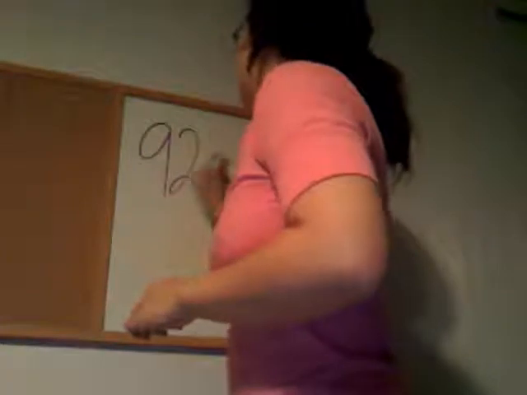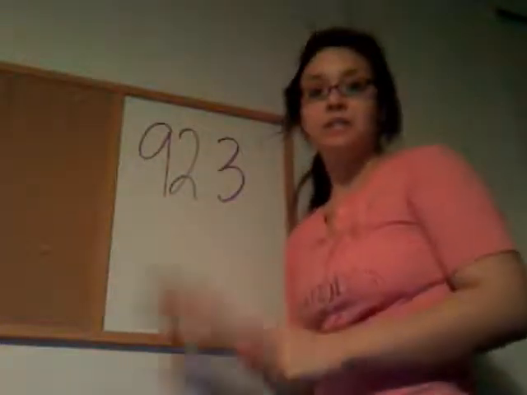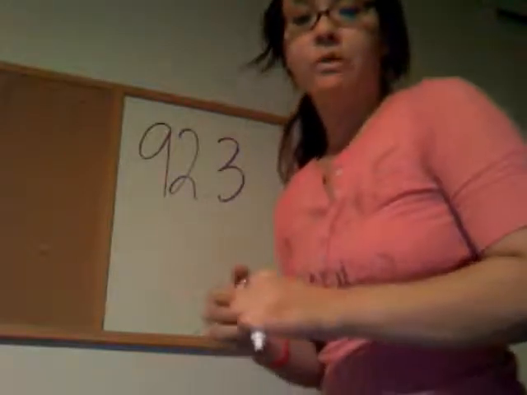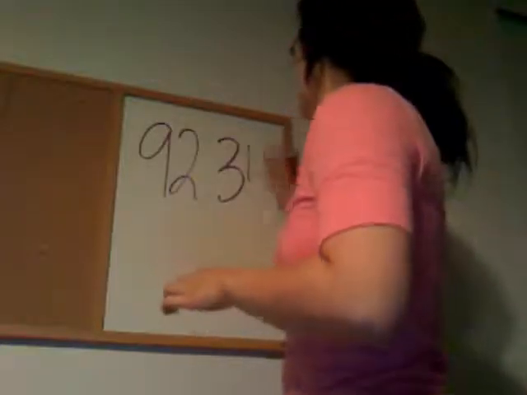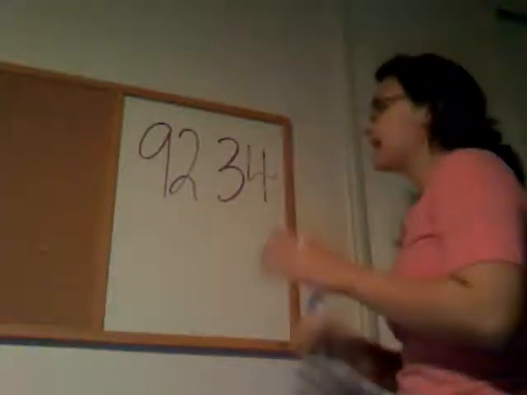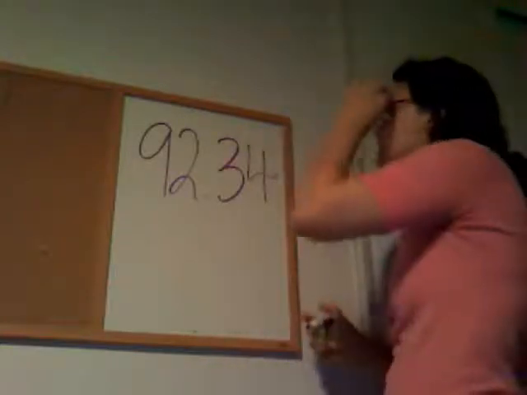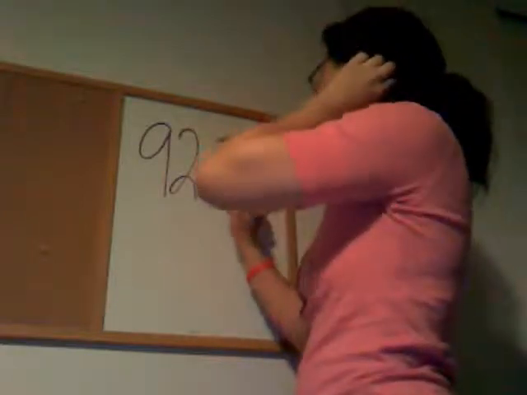So now we're going to round to the nearest tenth. Okay, and we're going to begin with 92.3. Actually, 92.34, I'm sorry. Okay, so we're rounding 92.34 to the nearest tenth.